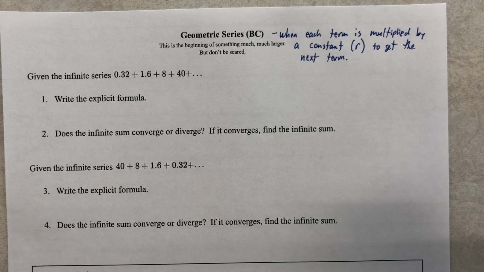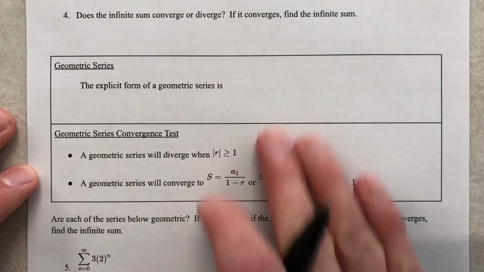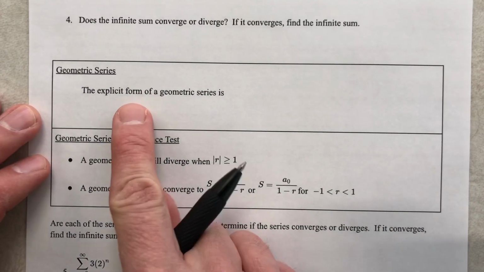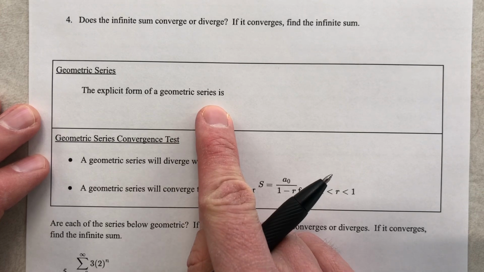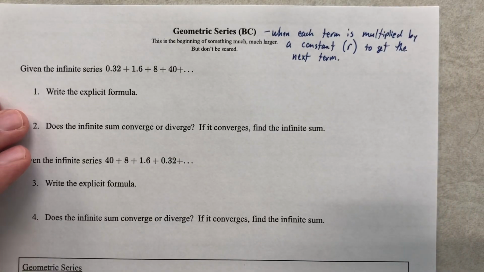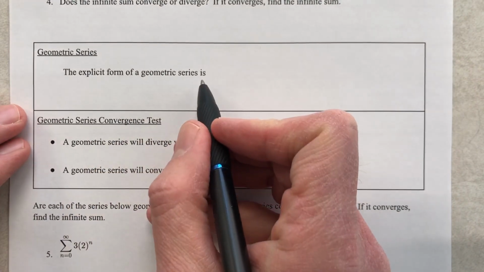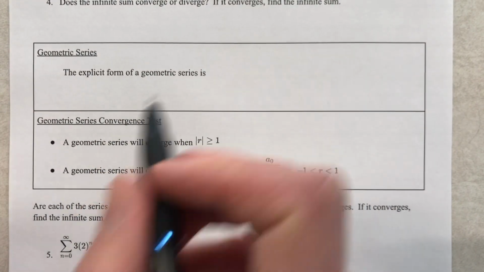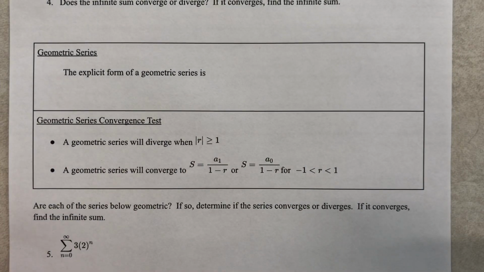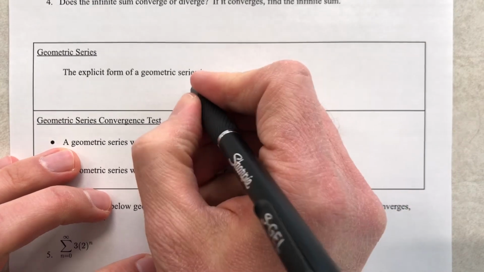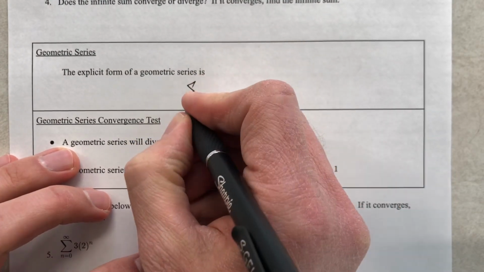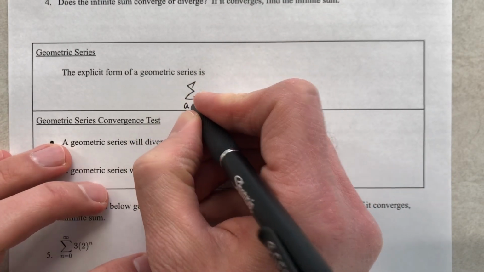Now, just to slide the paper up for a moment and come into these little boxes of importantness. The explicit form of a geometric series is, slide the paper back down, we weren't done. Okay, now, the explicit form of a geometric series is, well, glad you asked.